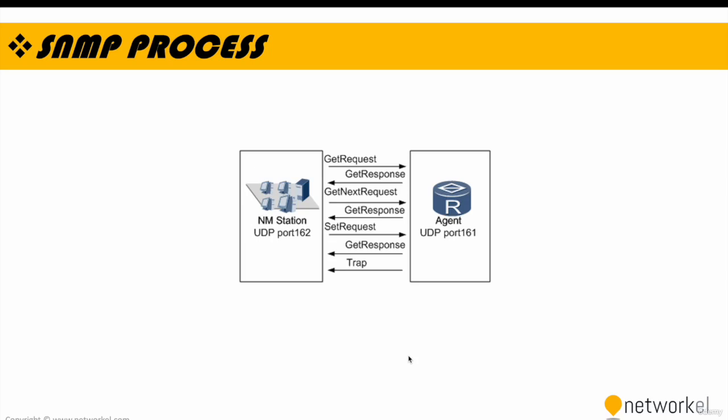SNMP managers, which are the network management systems or software, send requests to agents to retrieve specific information from the MIB using protocols like SNMP GET, GetNext, GetBulk, SET, and others. Then agents send unsolicited notifications called SNMP traps to managers to inform them of significant events or conditions such as device failures or performance thresholds being exceeded.